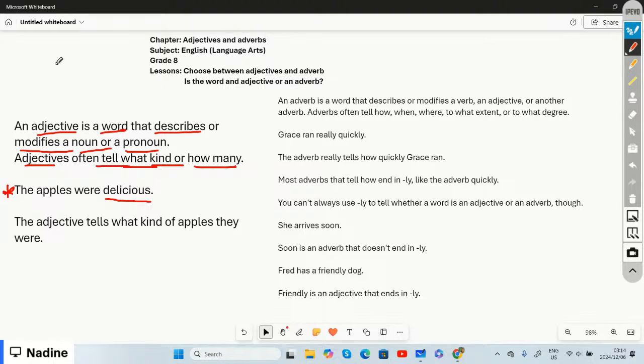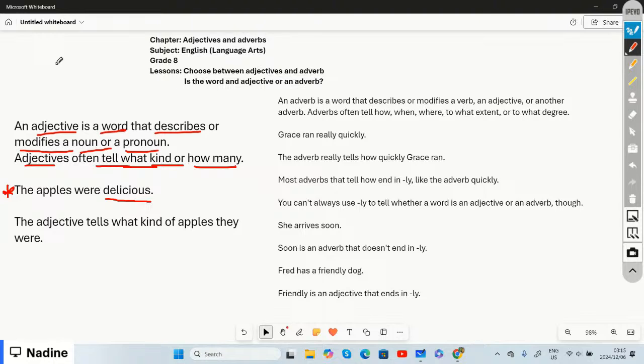And remember also when it comes to adjectives, not only does the adjective tell us what kind, it also tells us how many. So we can maybe say the apples were delicious, so delicious tells us what kind of apples they were. Or we can even say, I ate 5 apples.